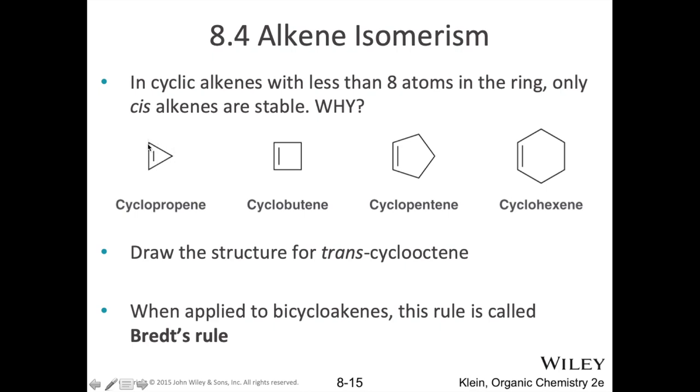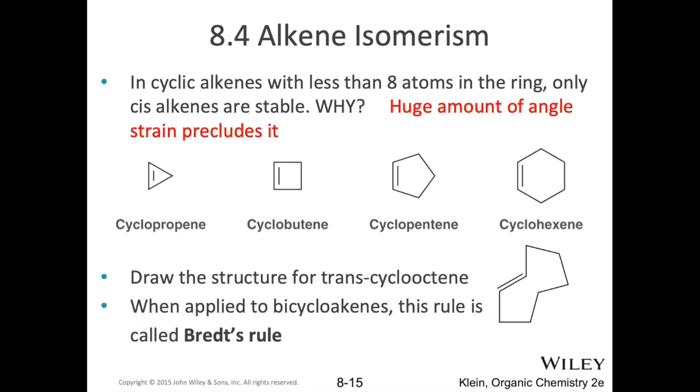It's impossible to have a carbon-carbon bond to this carbon over here going in the opposite direction. It's just physically impossible. So typically, anything less than 8 carbons in your ring will result in a trans alkene being unstable. It's just too much ring strain.